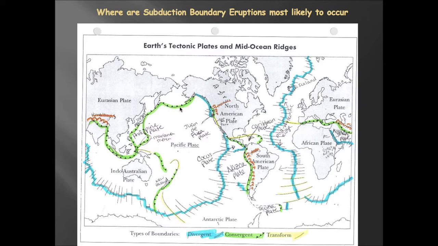Alaska, remember this is the Aleutian Islands. There's a little trench right here. Japan, the Philippines. Even over here in this kind of weird little boundary, the African plate is going under the Eurasian plate. This is where Mount Vesuvius is. That's the one that destroyed Pompeii. So we have our rift eruptions at divergent boundaries and our subduction boundary eruptions at convergent boundaries.